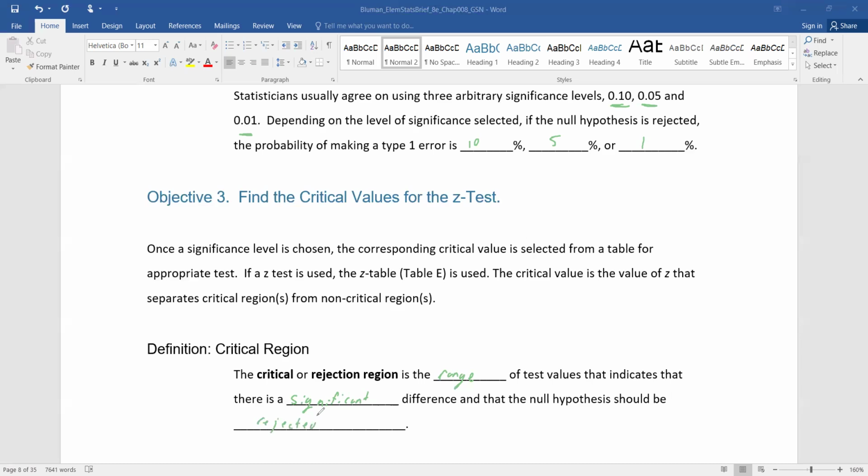If it does not fall in this range that we determine, then we simply say there's not enough evidence to reject the null, so we do not reject the null hypothesis. But if it falls in our region, then we can confidently say there is a significant difference, and we can reject the null hypothesis.